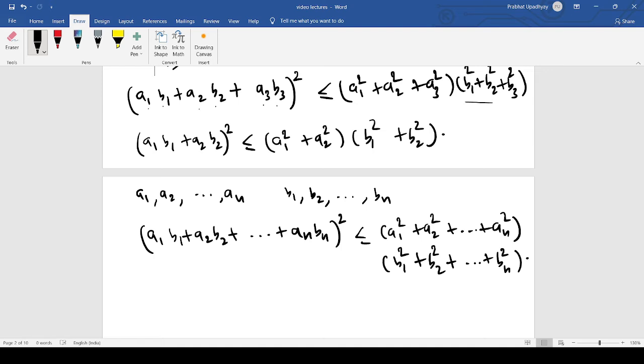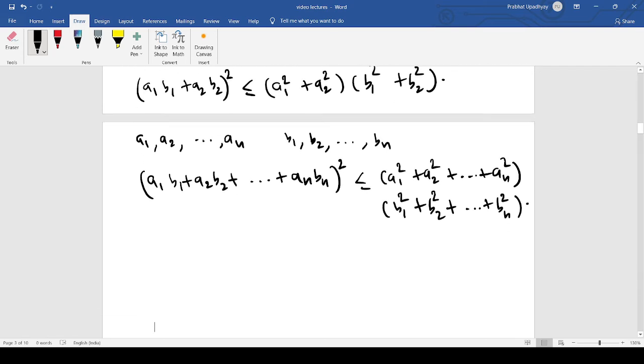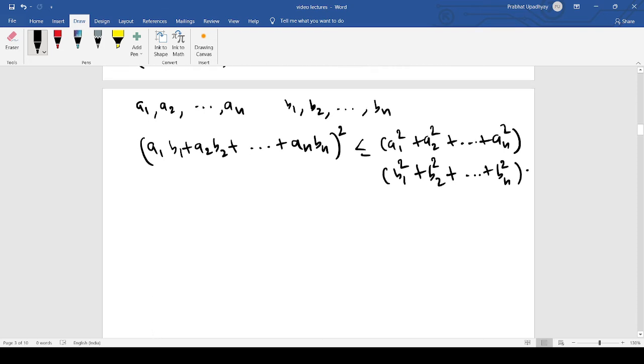And the answer is yes, we can have this inequality for two sequences of n real numbers. And this inequality is precisely your Cauchy-Schwartz inequality.